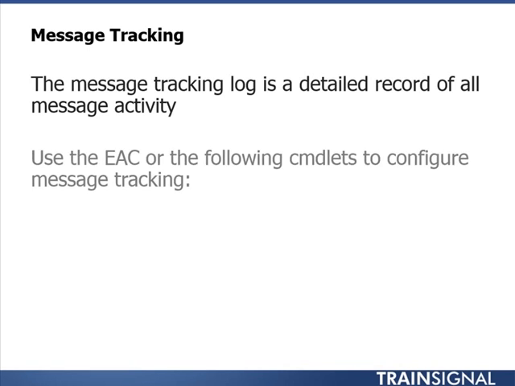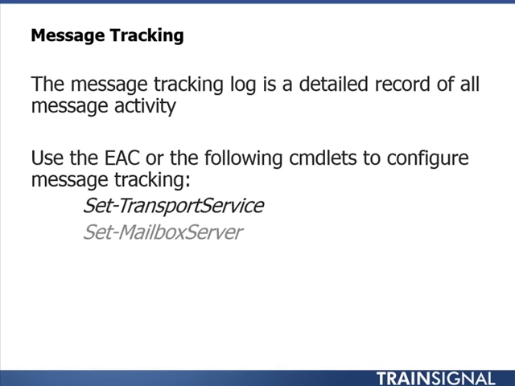Now, you can use the EAC, the Exchange Admin Center, and that's what we're going to take a look at in a moment. But you can also use the following cmdlets to configure message tracking. There's Set-TransportService and Set-MailboxServer. You use these cmdlets for message tracking configuration tasks, and they assist you in enabling or disabling message tracking.